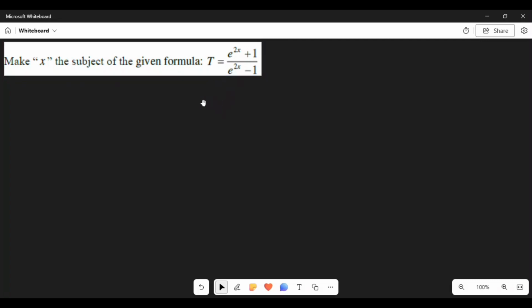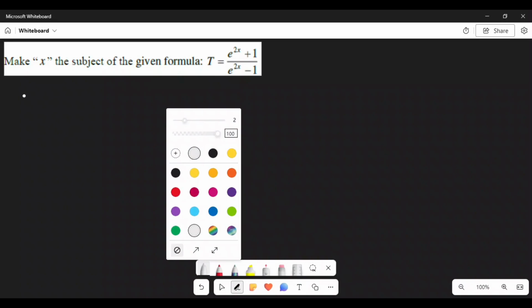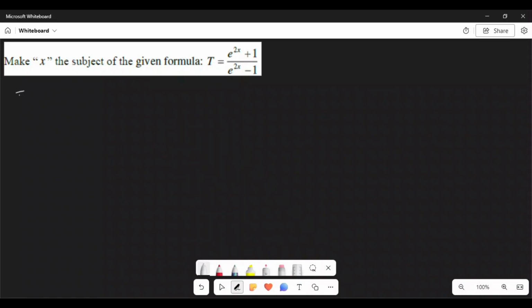So what you can do is cross multiplication. So you can say t, let me just do it very quickly. You can say t multiplied by the denominator on the right hand side. So you cross multiply here, it's going to be e to the power of 2x minus 1.